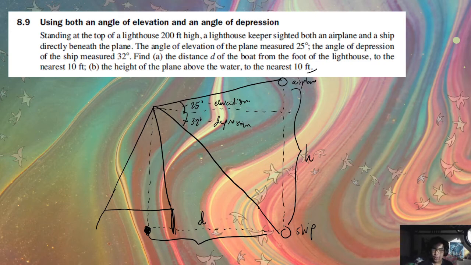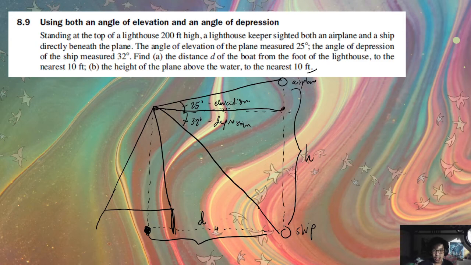Again, we have two angle measurements given to us, the angle of elevation and the angle of depression. To solve for the distance between the ship and the lighthouse, we need to find specifically the measurement of this line.